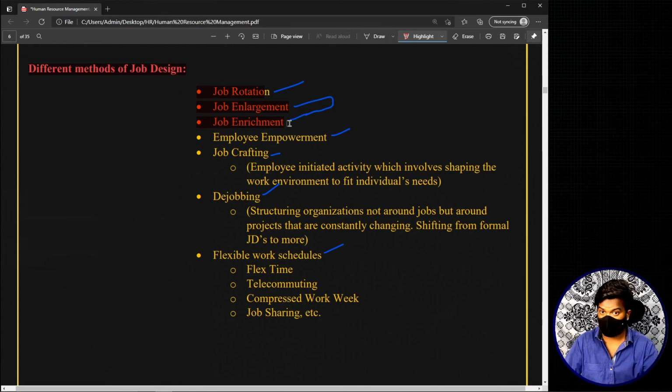We'll be discussing both concepts at the same time, because this is one where most people get confused: job enrichment and job enlargement. Let me give you a simple theoretical example.